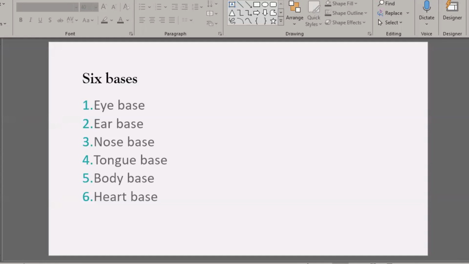Heart base means there is a very subtle materiality that gives the base for other mentalities to arise, except Dvipancha Vijnana. We call those 10 consciousness: 2 eye consciousness, 2 ear consciousness, 2 nose consciousness, 2 tongue consciousness, 2 body consciousness. Except those cittas.